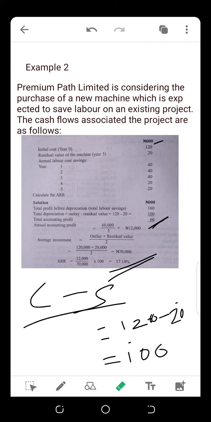Right? That is just how to determine all this. Just work your way back to the total profits, deduct the depreciation if any, or compare the scrap value and the initial cost so that you can know the depreciation in that inflow that has taken place.